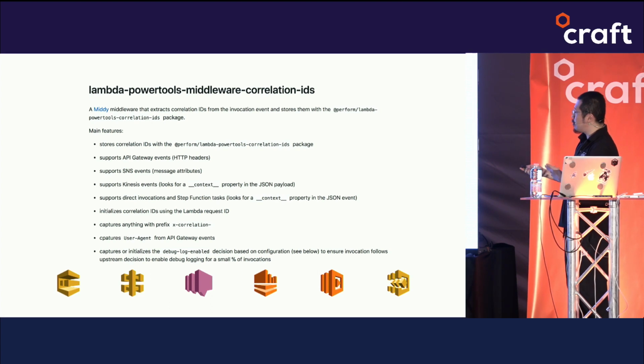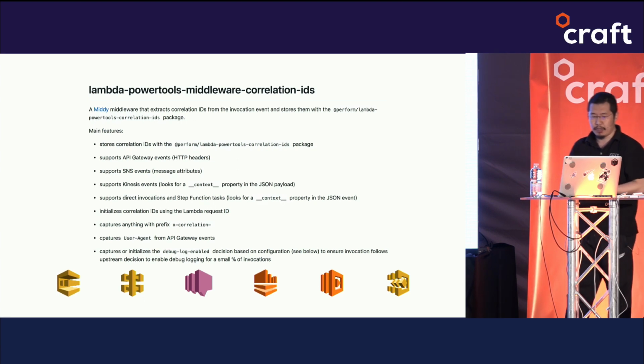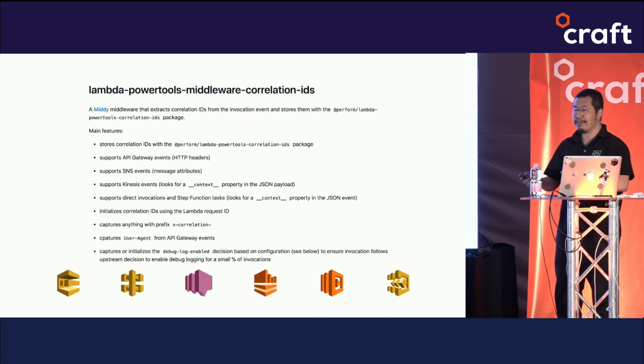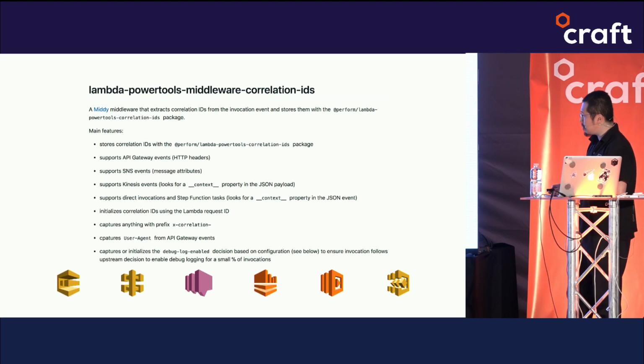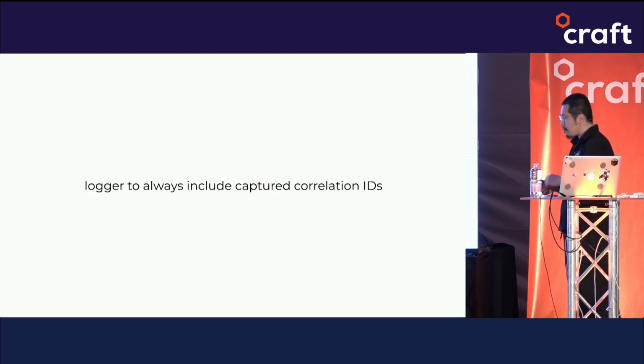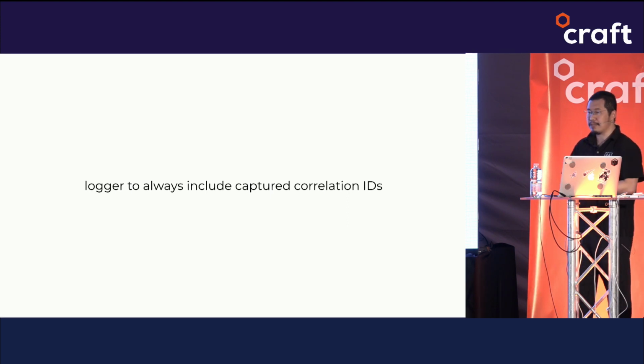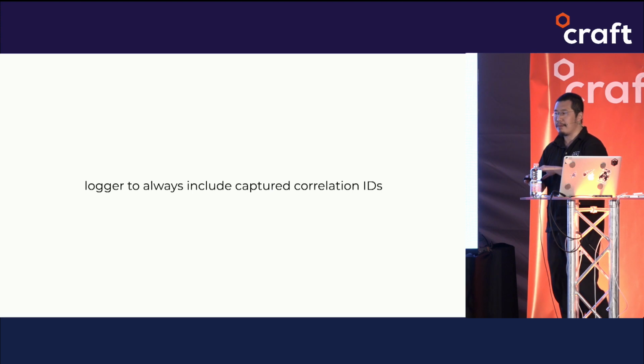So we built a whole set of tools which right now supports API Gateway, SNS, SQS, Kinesis event sources, but also direct Lambda invocations, as well as Step Functions, which allows me to have a setup whereby I don't have to constantly remember to do this myself. My logger will just pick up and include correlation IDs whenever they are passed into the function or initialized by the middleware.